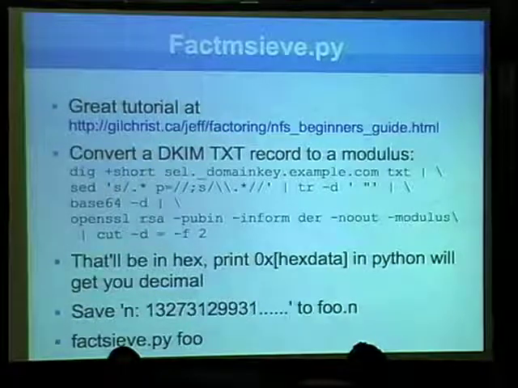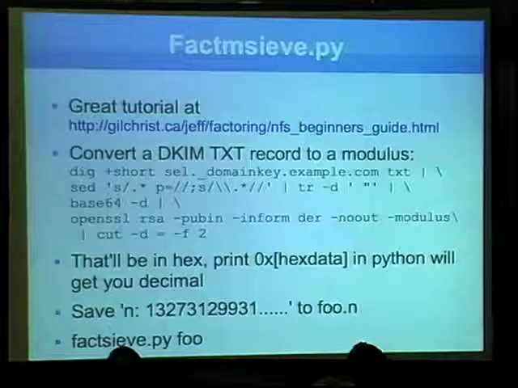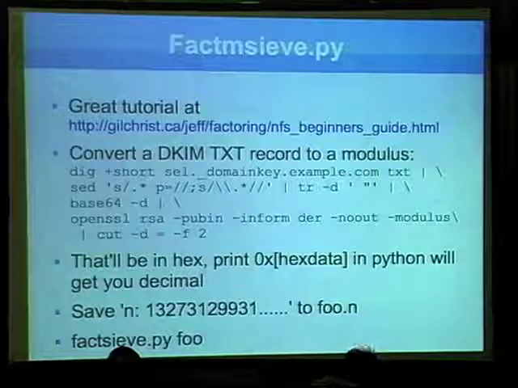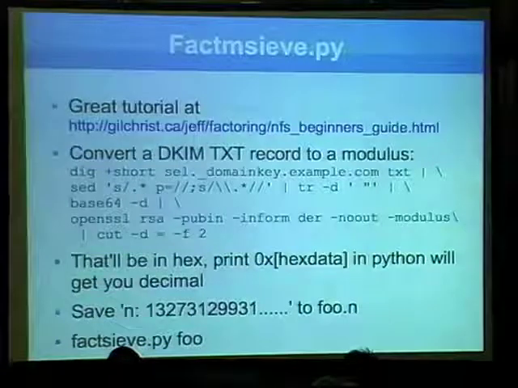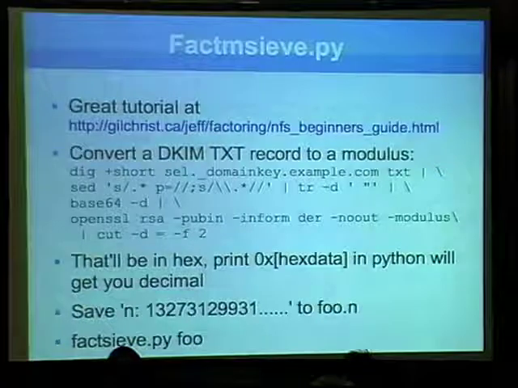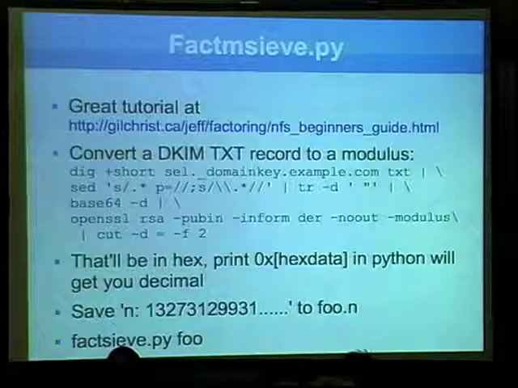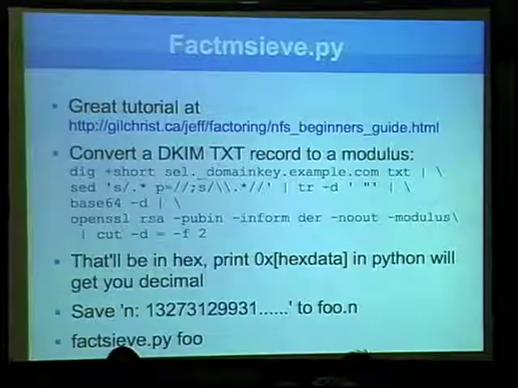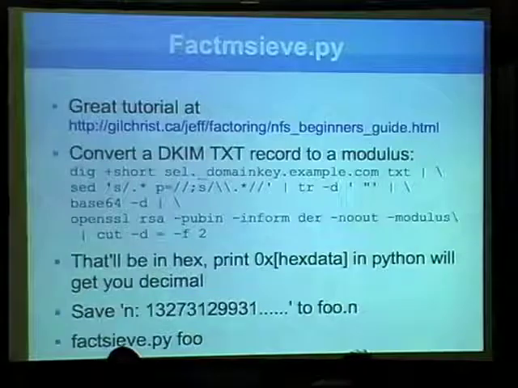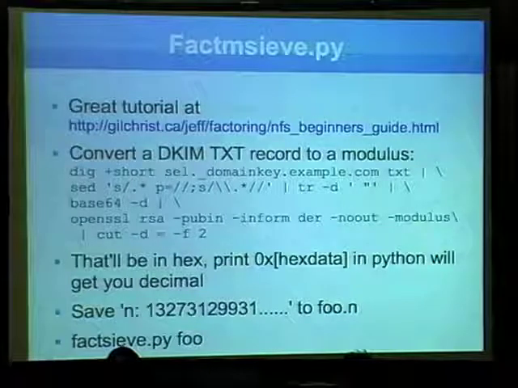I popped the modulus into Python in hex, which happens to do a great job of converting large hexadecimal numbers into regular decimal numbers. Yay, Python. You save it to a file called foo.n, and you run, oh, there's a typo in my slide. Okay. You run factmsieve with the root of the file name as a parameter, and off it goes, and then you wait a while.